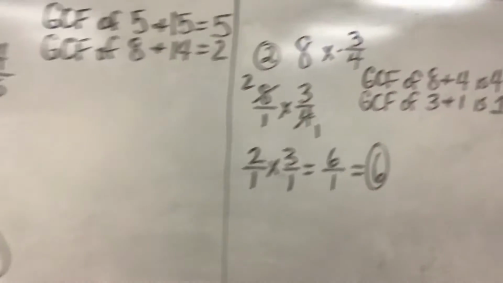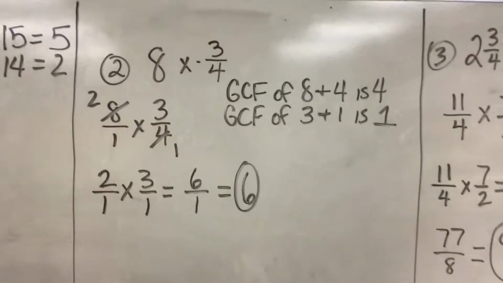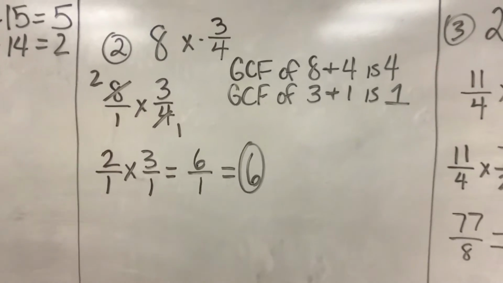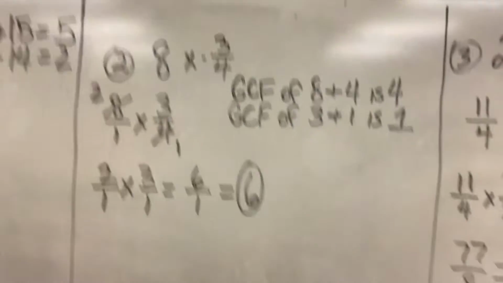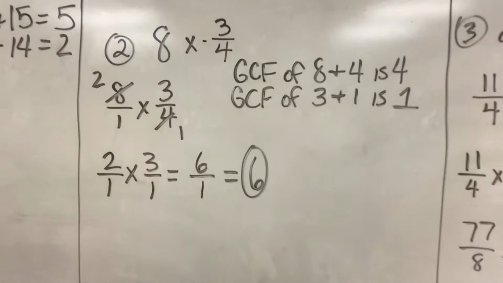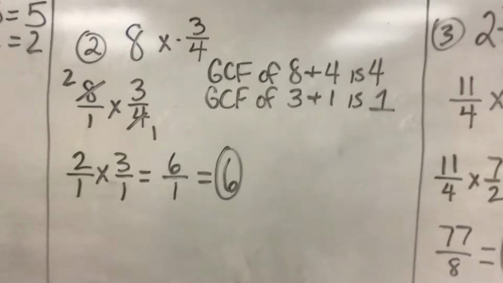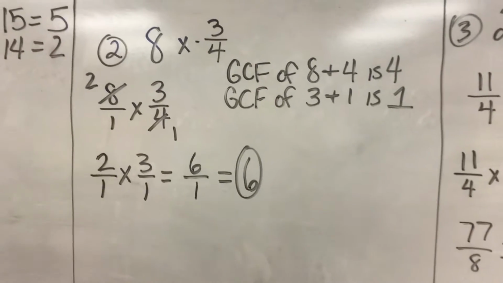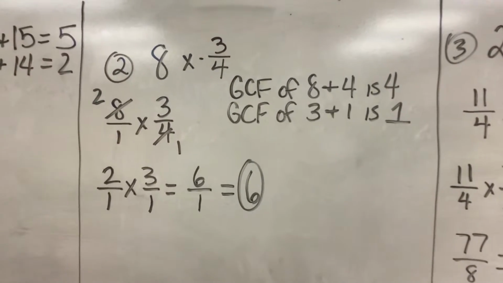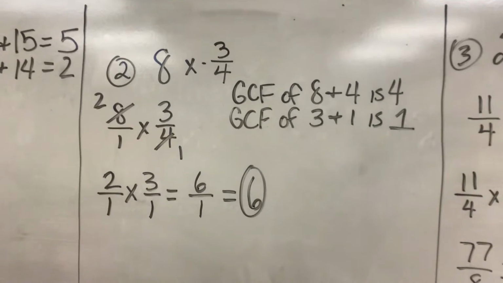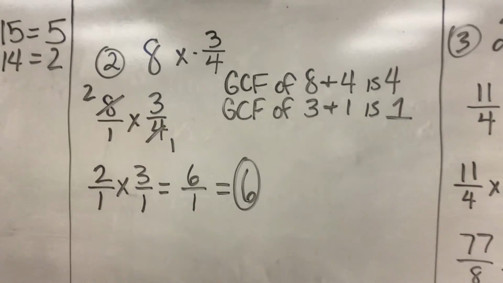Let's continue. Here we have an example of a whole number times a fraction. Same thing applies. The only difference is whenever I have a whole number, I have to put it over 1 to turn it into a fraction. So that's why the 8 is over the 1. The greatest common factor for 8 and 4 is 4.